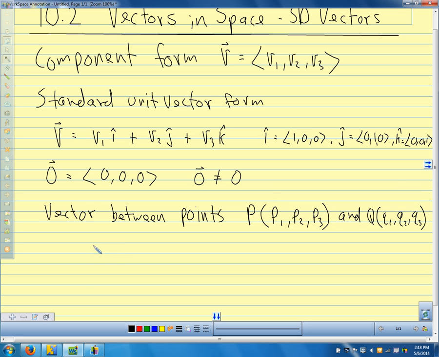So our vector PQ is going to be ⟨Q1 minus P1, Q2 minus P2, Q3 minus P3⟩. We can think of this as the final point minus the initial point.